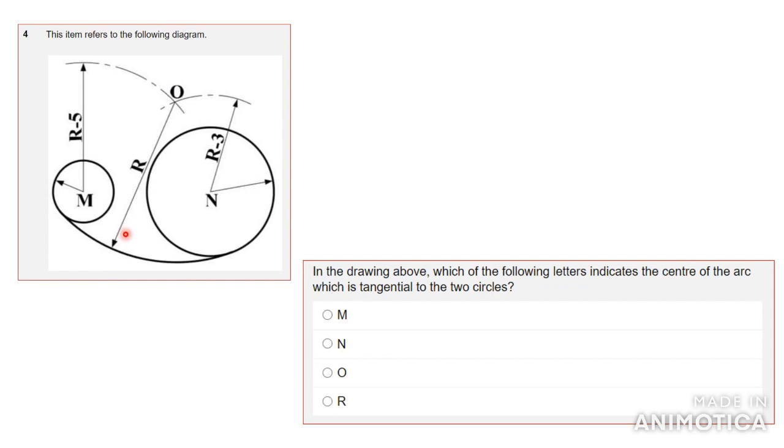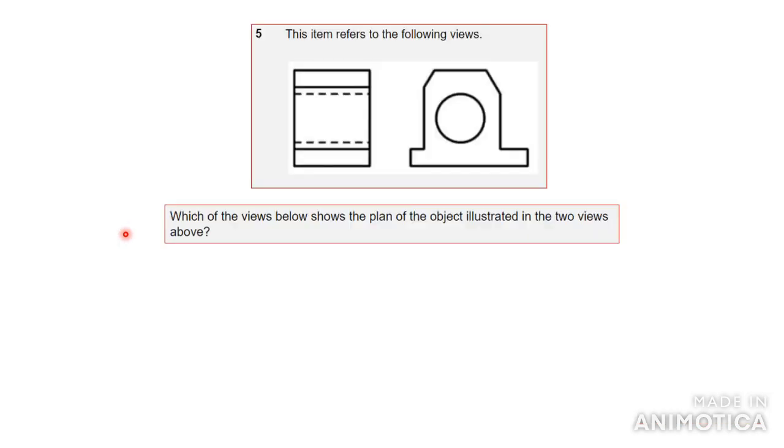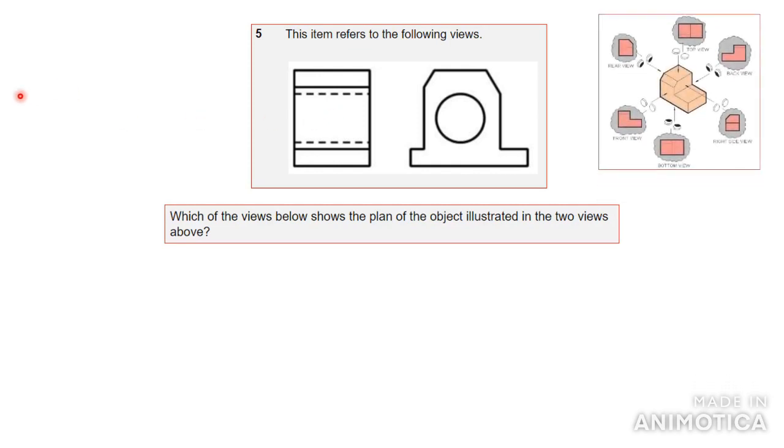Okay. Alright. Number 5, which of the following views below show the plan of the object illustrated in the 2 views above? So the 2 views are a side view and a right view or a back view. And if you remember in the past videos, which I suggest you look at, you will see that you have 6 different views.